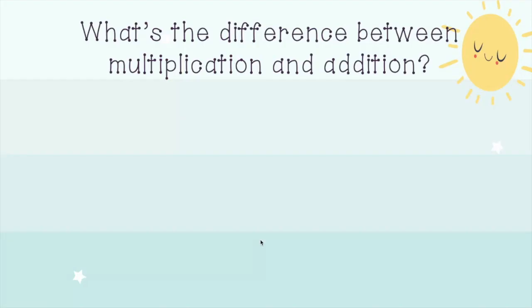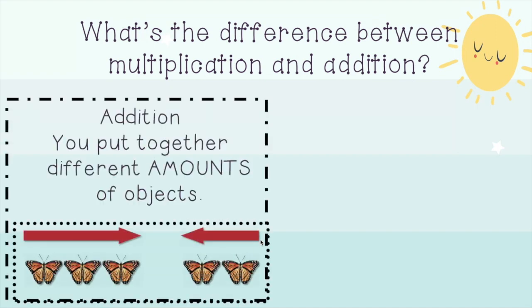So what's the difference between multiplication and addition? There is a very clear difference. The keywords are very similar between multiplication and addition, but let me show you how they are different. In addition, you put together different amounts of objects. It's still putting together, but the number of items or objects that you're putting together might be different.